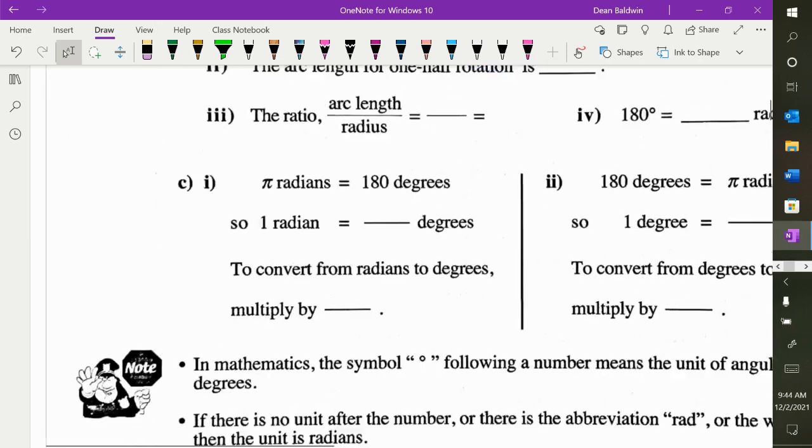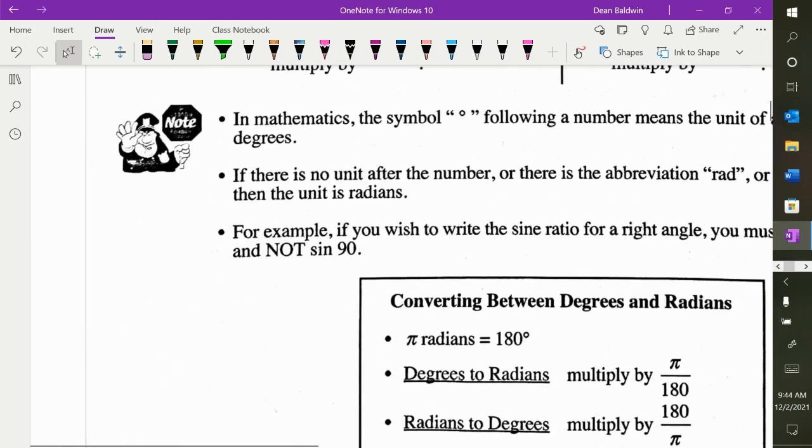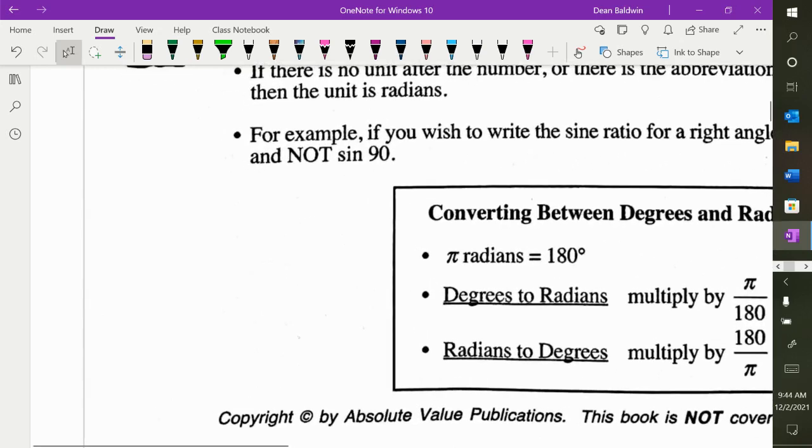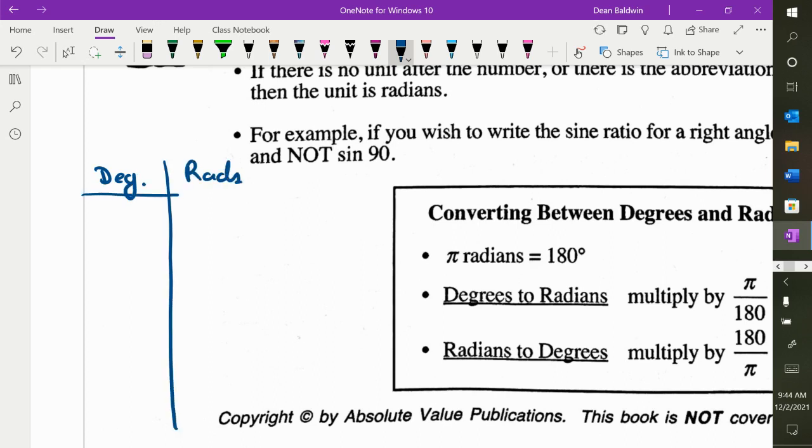All right, we're going to skip down to the bottom here. Off to the side here, we're going to write out what you should know. Degrees, rads. These are the common ones that you'll see a lot. So we'll start with 360. We know that's 2 pi. Correct? Yeah.